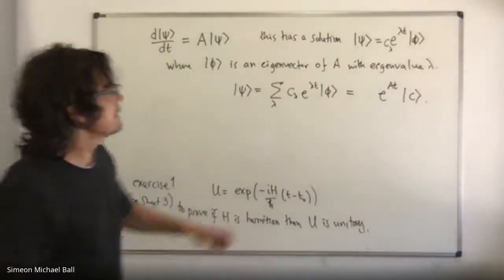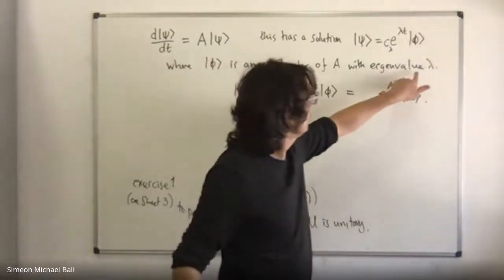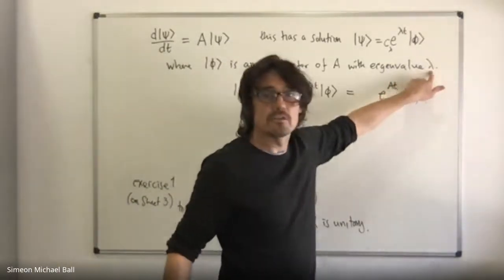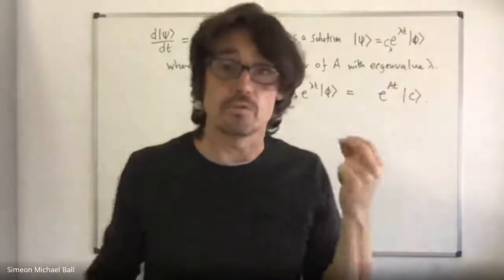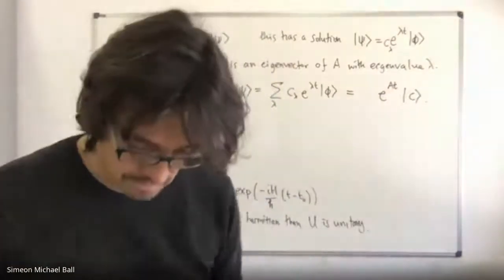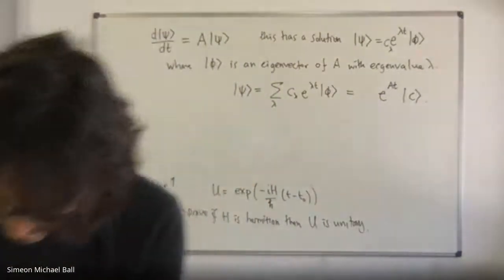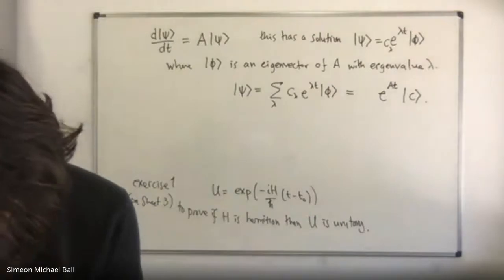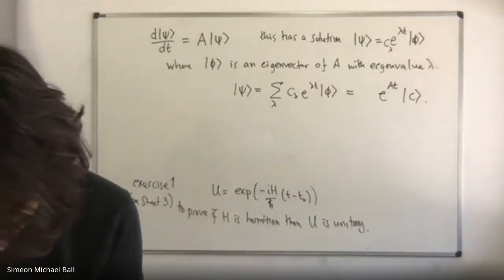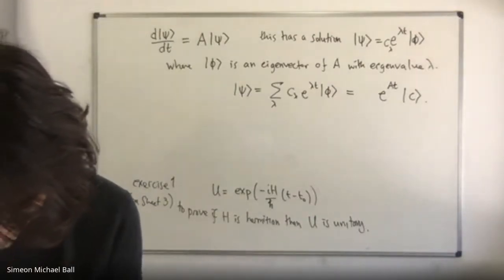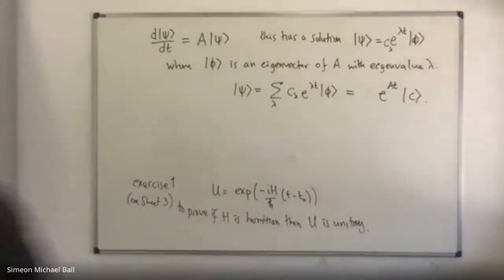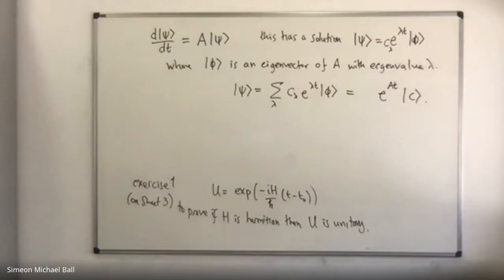You can then see that your different values of lambda correspond to physical things within your quantum system, which are the energies of the system.